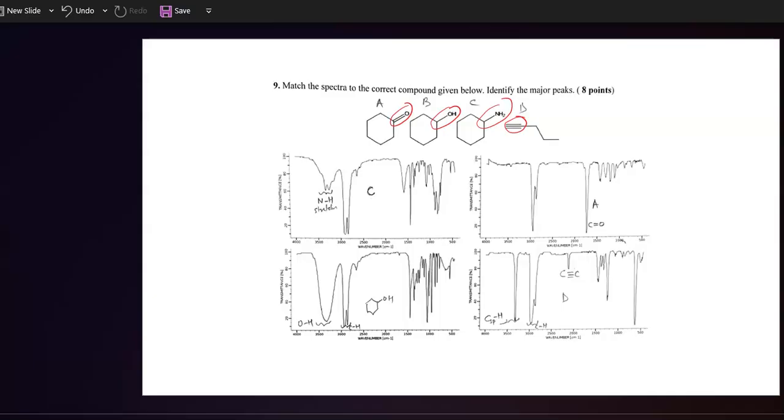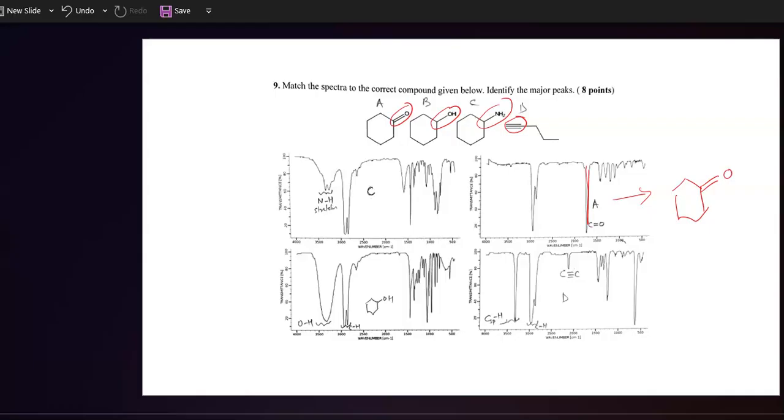For a ketone, a sharp peak around 1720 is characteristic of a carbonyl. So this peak here is my carbonyl peak, and so this should be my ketone peak, compound A.